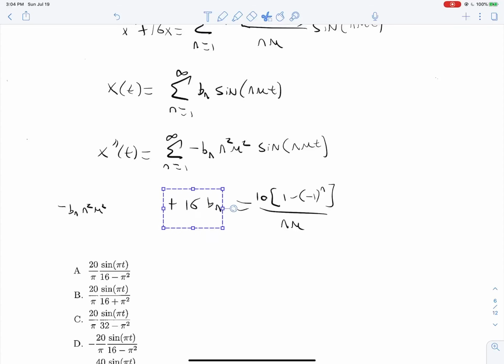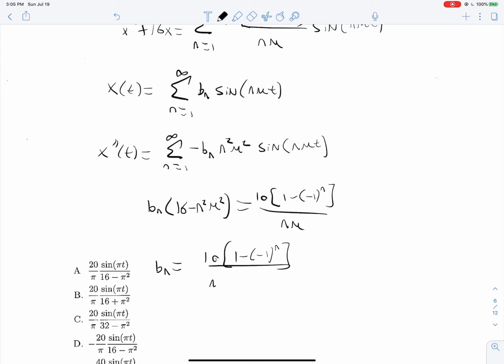Okay, so let's solve for b_n. We can factor it out on the left side, and we'll just get b_n times 16 minus n squared pi squared, so that b_n is equal to 10 times 1 minus negative 1 to the nth power over n pi times 16 minus n squared pi squared.